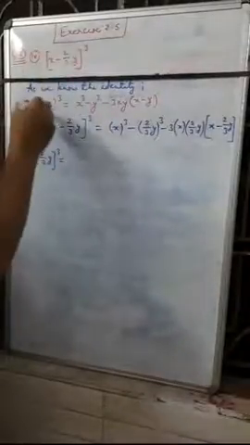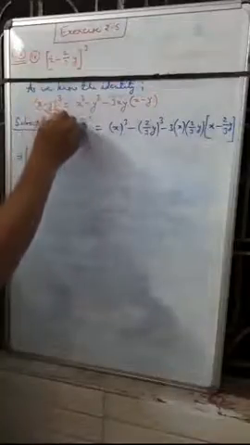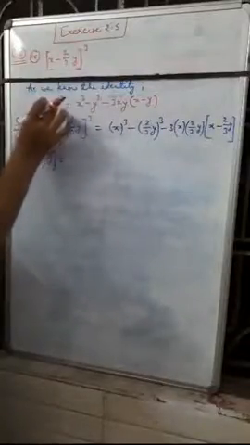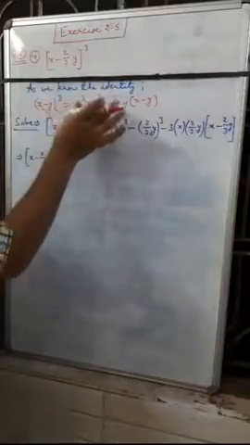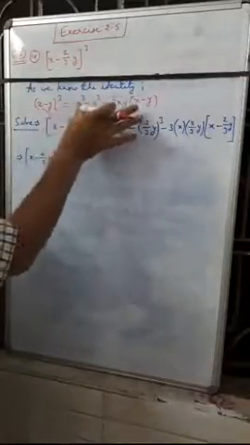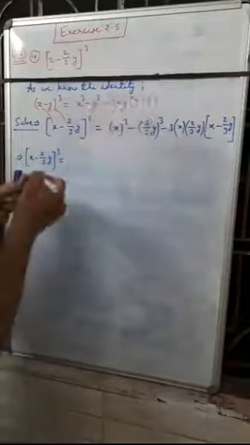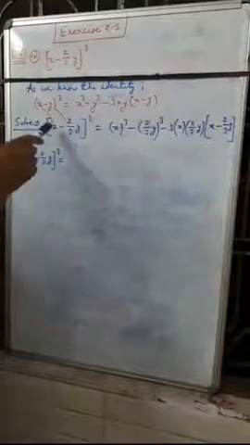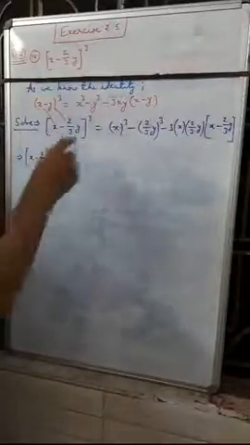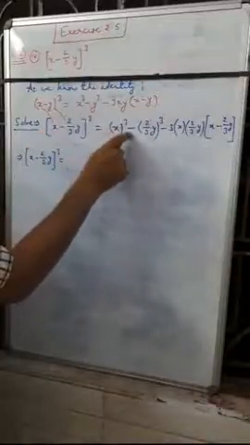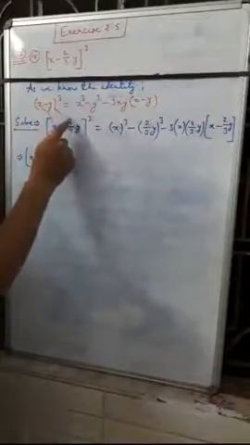So here, x is equal to x, but y is equal to 2 by 3y. So we are converting the equation into the standard form, x cube minus y cube minus 3xy (x - y). In place of x we have x, and in place of y we have 2 by 3y.